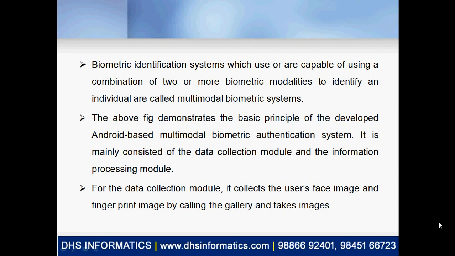The above figure demonstrates the basic principle of the developed Android-based multimodal biometric authentication system. It mainly consists of the data collection model and the information processing model. The data collection model collects face images as well as fingerprint images.